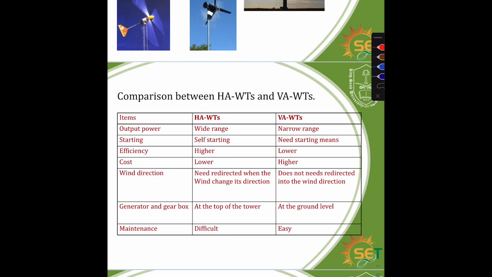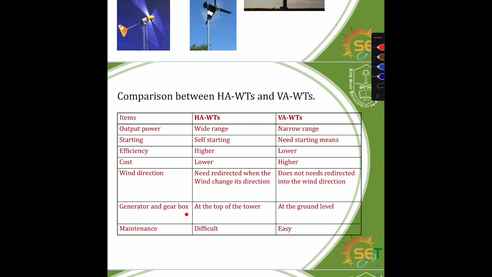Wind direction: the horizontal needs to be redirected when the wind changes its direction, but the vertical axis turbine does not need redirection into the wind direction, because for the horizontal axis turbines we have a wind vane to send to the controller and then to the yaw and then to rotate the turbine, but here it does not need redirection.